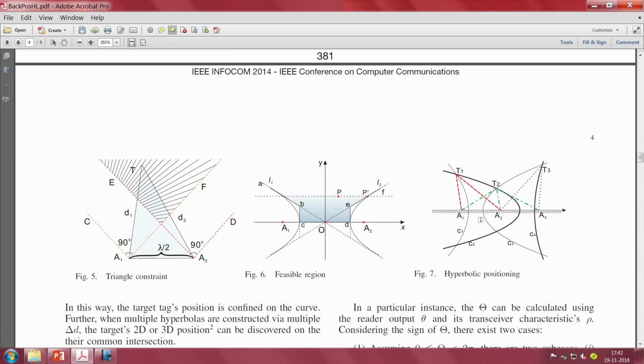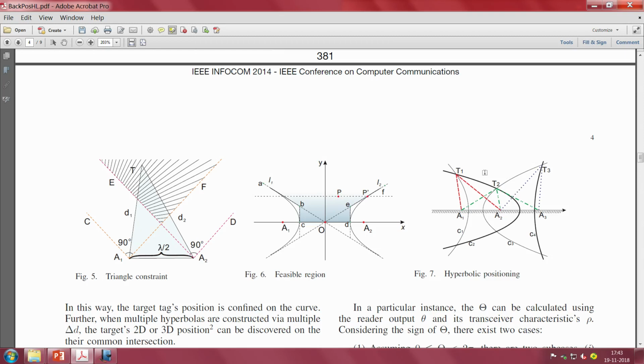So if you look at the hyperbolas that form between A1 and A2, you can see T1, C1 hyperbola and C3 hyperbola are available, formed between A1 and A2. If you look at A2 to A3, you will see that C2 and C4 are being formed between the two of them. Now you can go on like this, right.